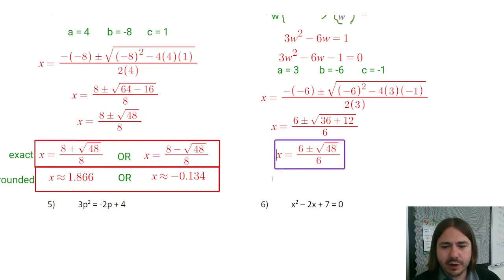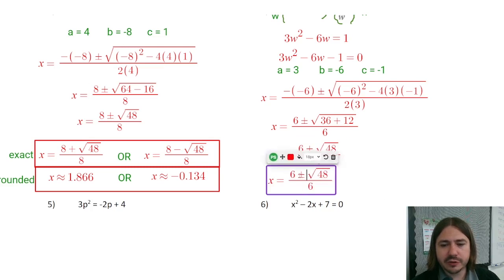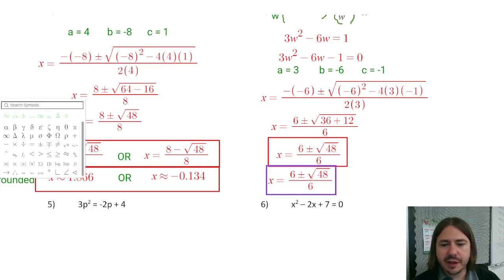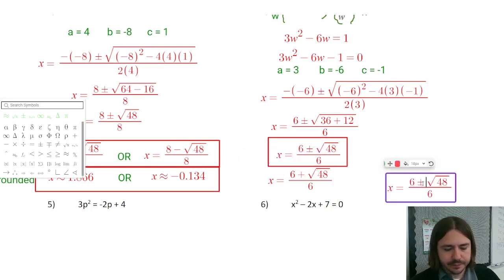So let's go ahead and write the solutions here. I'm just going to split it up because I really want to emphasize that there are two solutions here. It's okay if you just want to write it like this. I'll accept that. That's good. But if you want to write the two solutions separately, one of these has plus and the other one has minus.